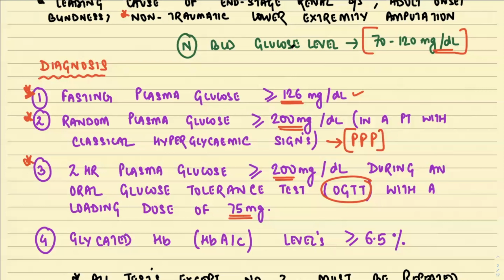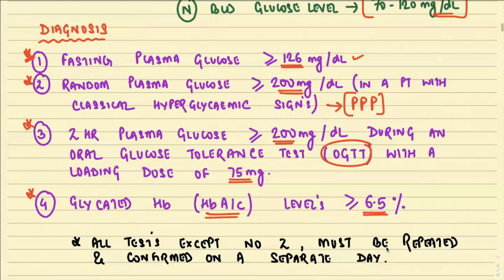In that, if it is more than 200 milligrams per deciliter, it is again a case of diabetes mellitus. And very importantly, nowadays they are using sophisticated parameters like glycated hemoglobin levels, called HbA1c levels, more than or equal to 6.5. I hope all of you know what glycated hemoglobin is, because the same has been taught to you in biochemistry. So these are the 4 important criteria. If either of them comes out to be positive, they will be regarded as positive for diabetes mellitus.